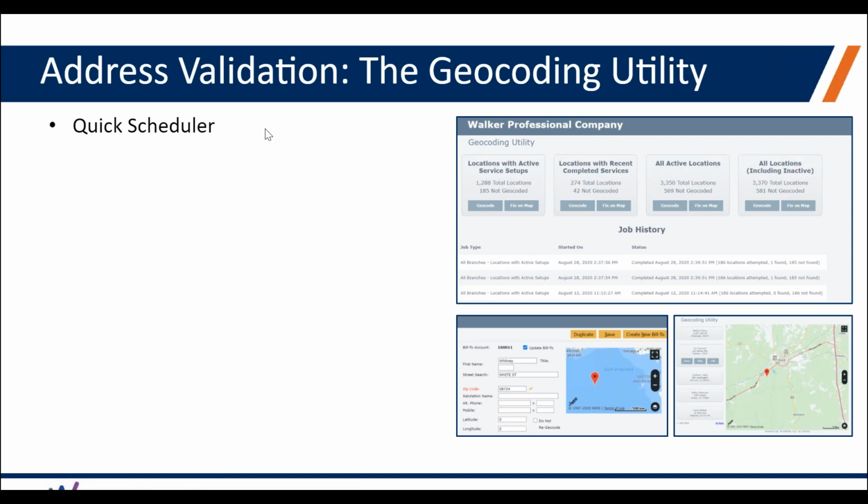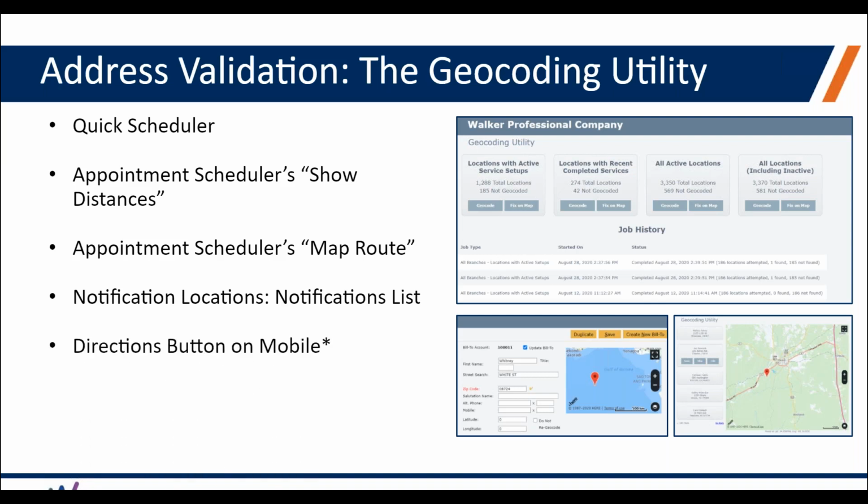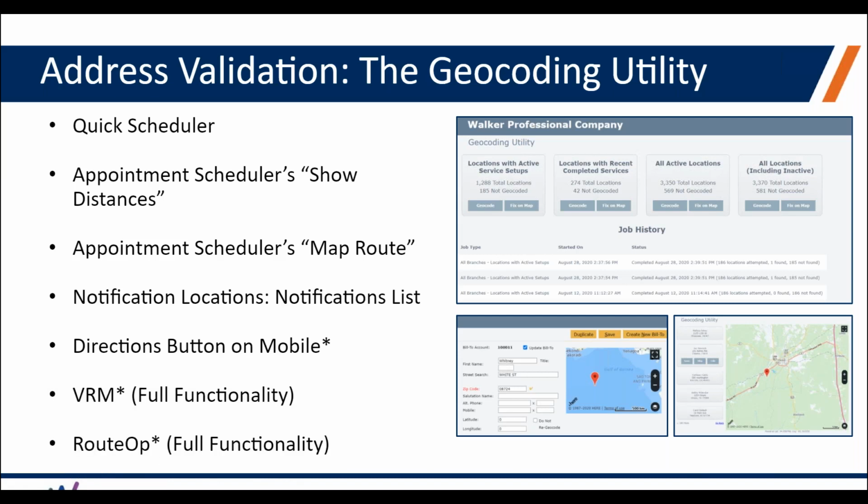Now, I listed out here, just off the top of my head when making this slide, the areas of PestPac when we think about scheduling that would be impacted by having the correct address on the customer. And there we go. So pretty much just about everything we're going to touch on today.